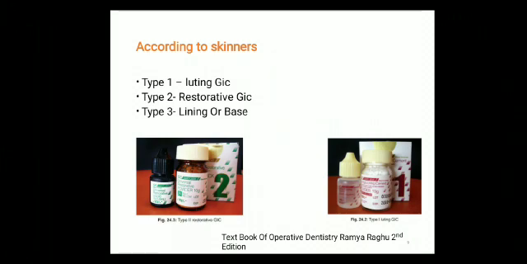According to Skinner's GIC, type 1 is luting, type 2 is restorative, type 3 is liner or base. Here we can see in the first type 2 restorative GIC and in the second luting GIC.